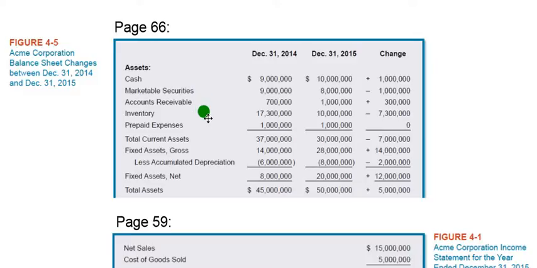Securities, the accounts receivable that are owed to us, whatever value we have in inventory and on down through, and then we get our total current assets here. And then we see from year to year, we went from 37 million to 30 million, which means we have a change of negative 7 million.